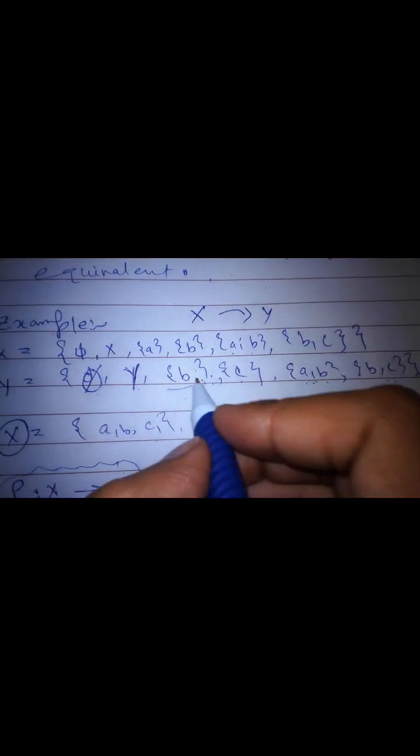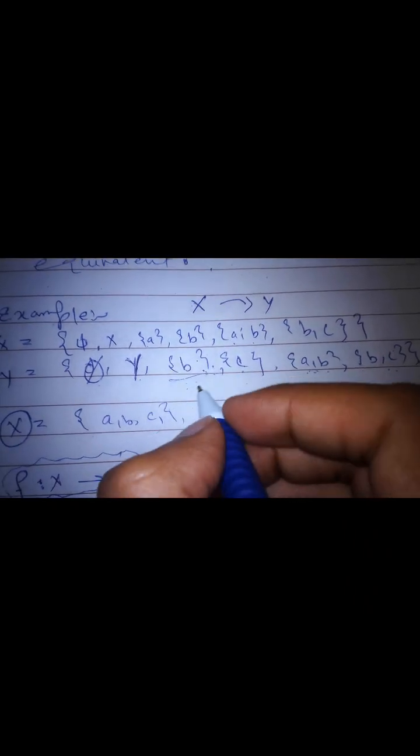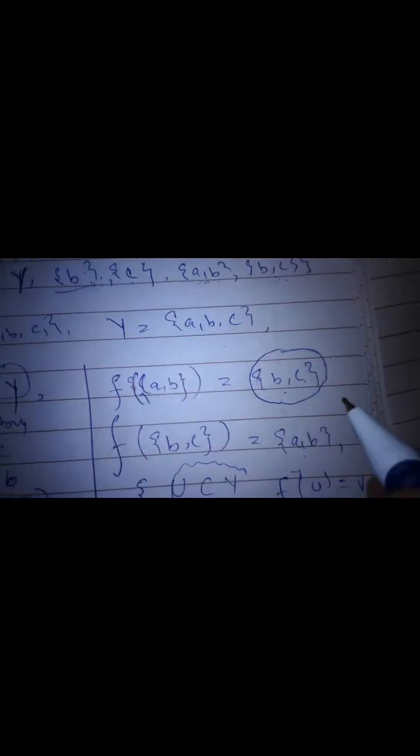{a, b} is open here. The pre-image of {a, b} is {b, c}, which belongs here. The pre-image of c is a, which is open here. The pre-image of b is b, which is open here.